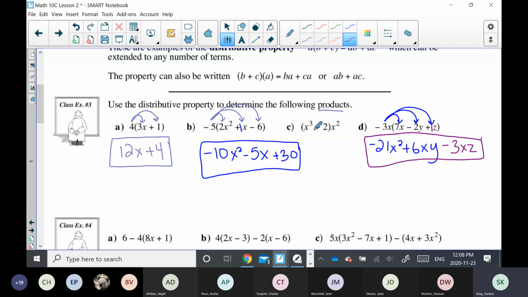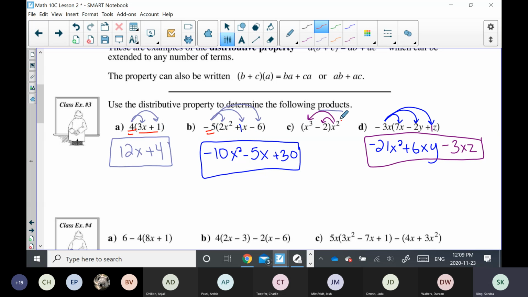Okay, there's two ways to do this question. You could take this x squared and distribute it in like this, and you would get your brackets. Or just because I tend to be very procedural and I like doing the same thing over and over again, this is always a monomial times a binomial, monomial times a trinomial.